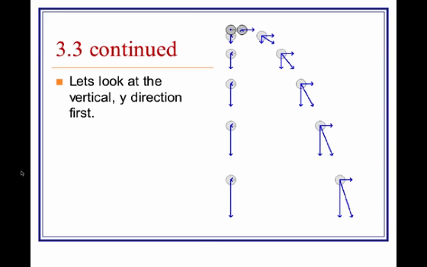Taking a look at the Y direction, we have several known quantities. First, we know our acceleration is always going to be negative 9.8 meters per second squared. We also know our change in position. That's going to be the 25 meters that the object falls. We also know that because this is a horizontal launch, we have an initial velocity in the Y direction of 0.